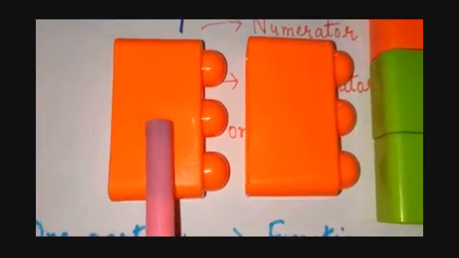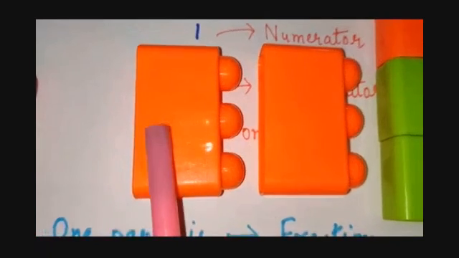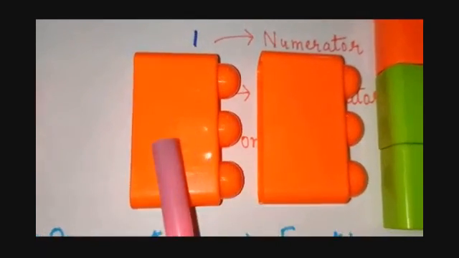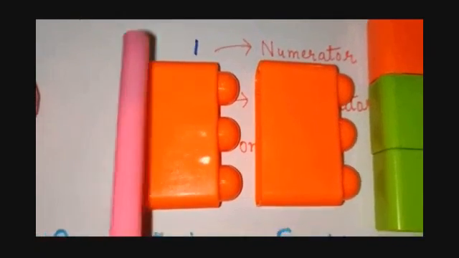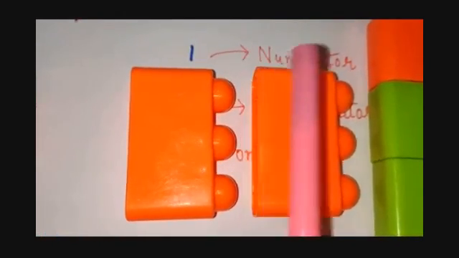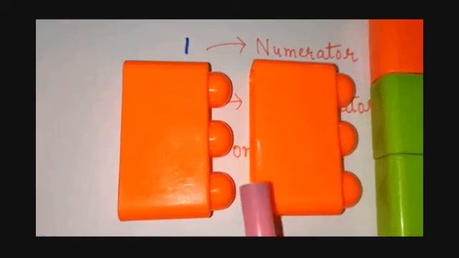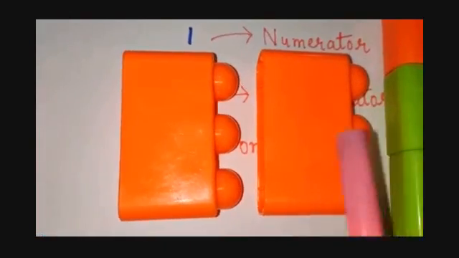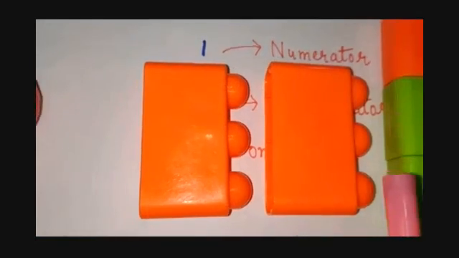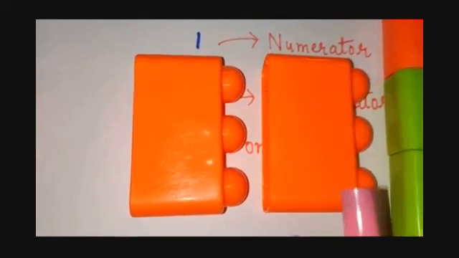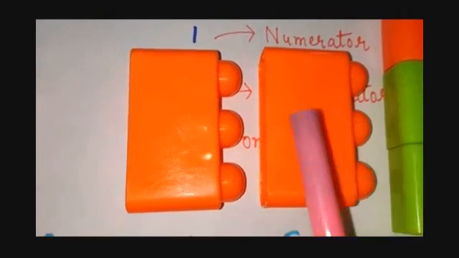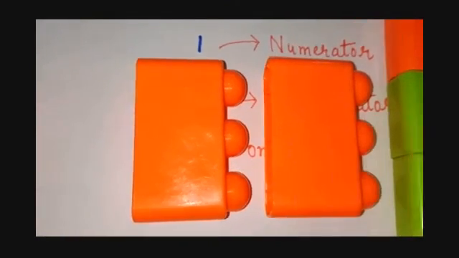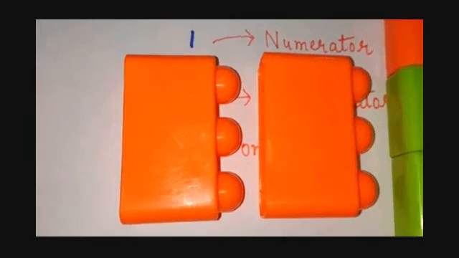Now I have divided or separated these blocks into two equal halves. You can clearly see over here that these blocks are equally separated or divided into two equal parts. So if anything is divided into equal parts and a certain amount of part is separated, that particular part is known as a fraction.